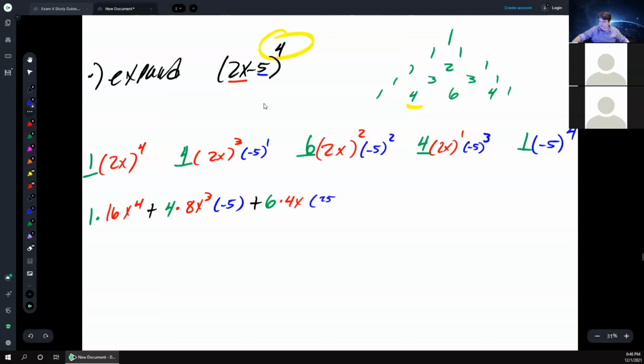Negative 5 squared is positive 25. Plus we got 4 times 2x to the first power, which just gives you 2x, and negative 5 cubed gives you negative 125. And then lastly, plus 1 times 5 to the 4th, which gives you 625.